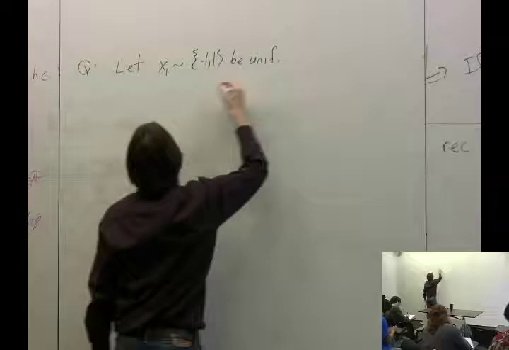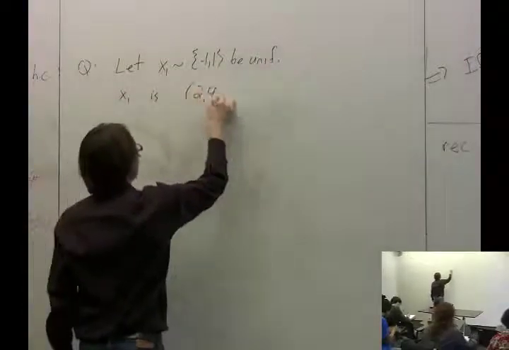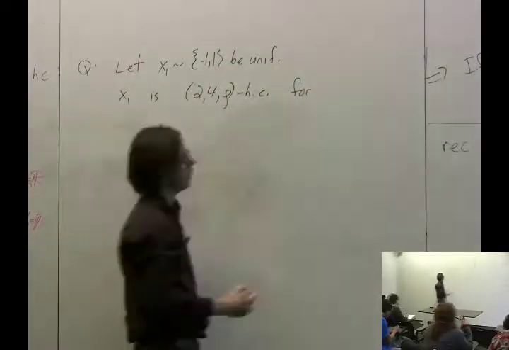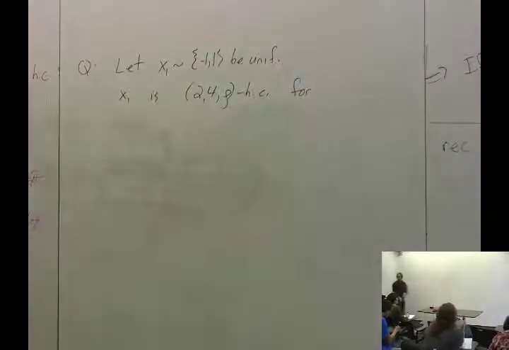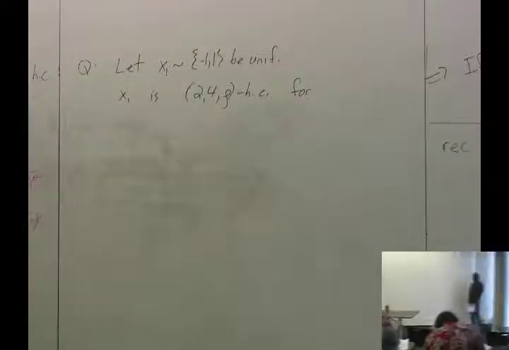Can we say that x1 is 2-4 rho hypercontractive for, let's see, what value of rho? Kind of close. 1 over square root 3.